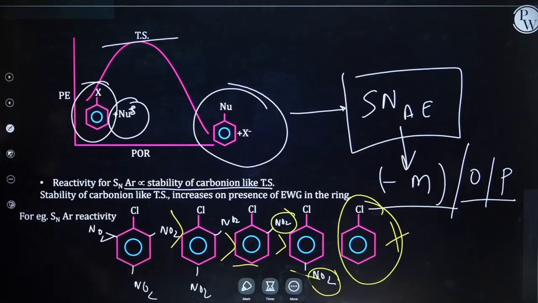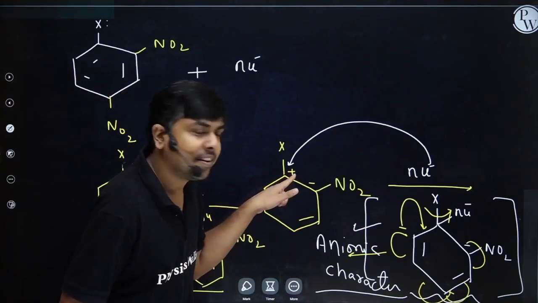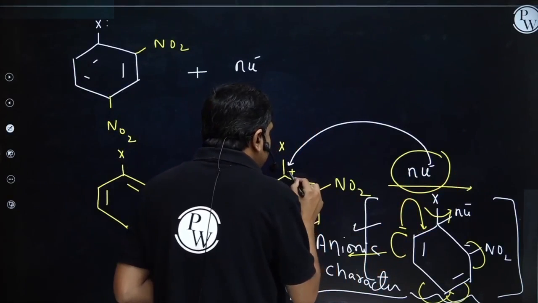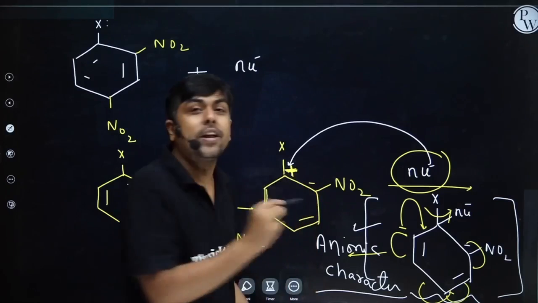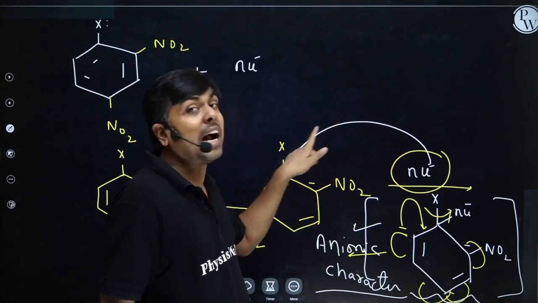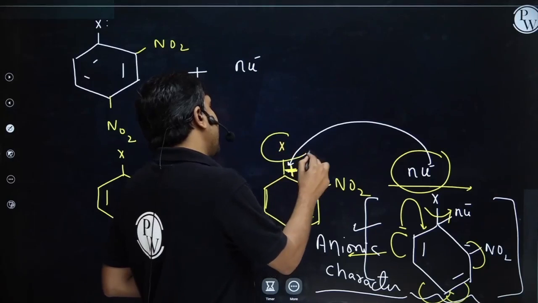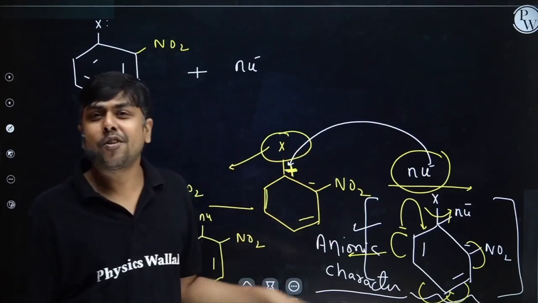Student, if I look at this mechanism, basically I am having a positive charge here. Now, this nucleophile will have a tendency to attack on this positive charge. The more electron deficiency on this carbon, the faster will be the attack of the nucleophile. And the more the electronegativity of this halogen, the higher will be the electron deficiency.